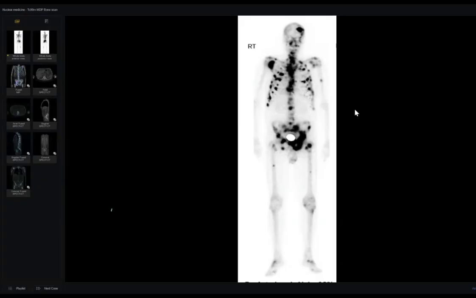Multiple myeloma is lytic. Why specifically prostatic cancer?